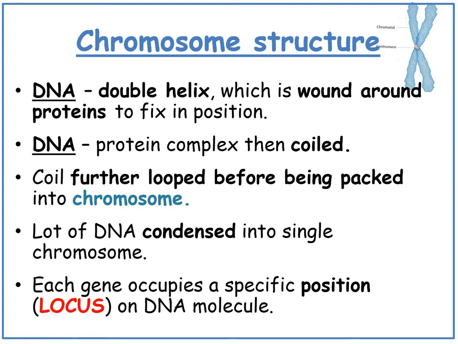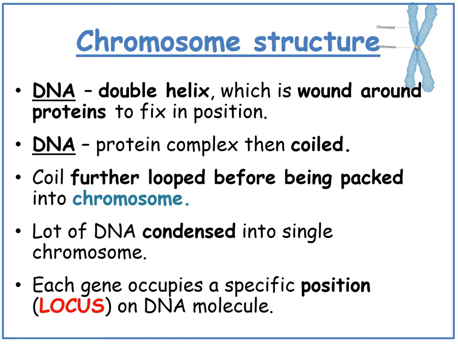So DNA is a double helix which is wound around the proteins or histones to fix it into position. The protein complex, the DNA, is then coiled, and then it's coiled further and looped before being packed into chromosomes. So there's a lot of DNA condensed into a single chromosome, into a very small space.